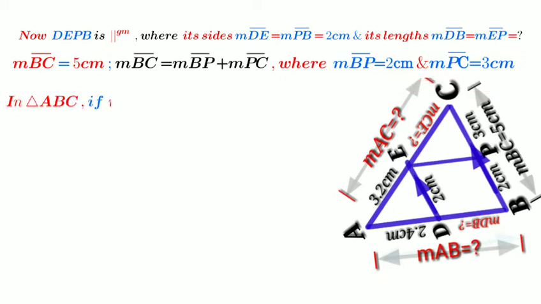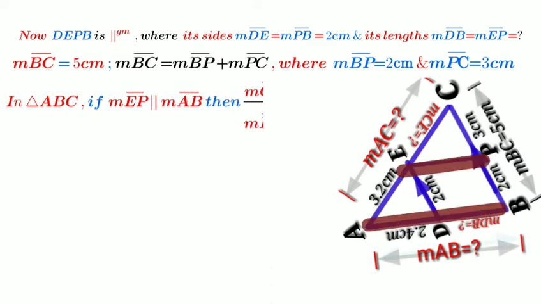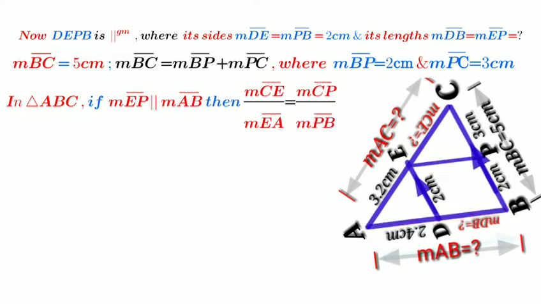In a triangle ABC, if side EP is parallel to the side AB, then EC ratio AE is equal to CP ratio BP.